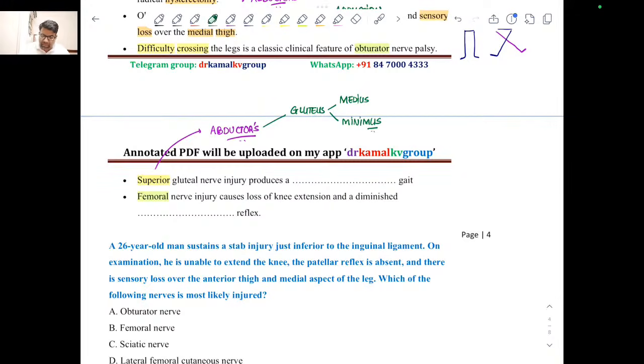Okay, and therefore, if there is any paralysis of superior gluteal nerve, there will be weakened abductor mechanism of hip, and that will lead to Trendelenburg gait. Clear? Trendelenburg gait. Femoral nerve, it supplies the anterior compartment of thigh.